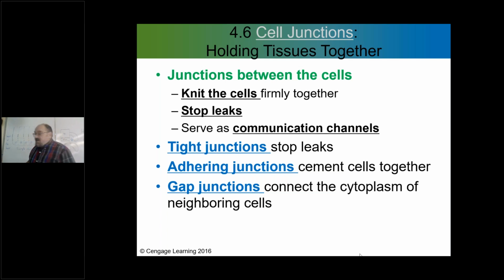So that's what we mean by that communication channel. So you'll have these tight junctions, these adhering junctions, cementing the cells together, keeping them tight together, and these gap junctions that allow for this connection of the cytoplasm.